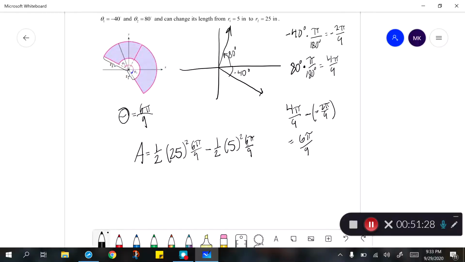When you do that, we get that this is approximately 628.32 square inches. Again, inches because our radius is in inches.